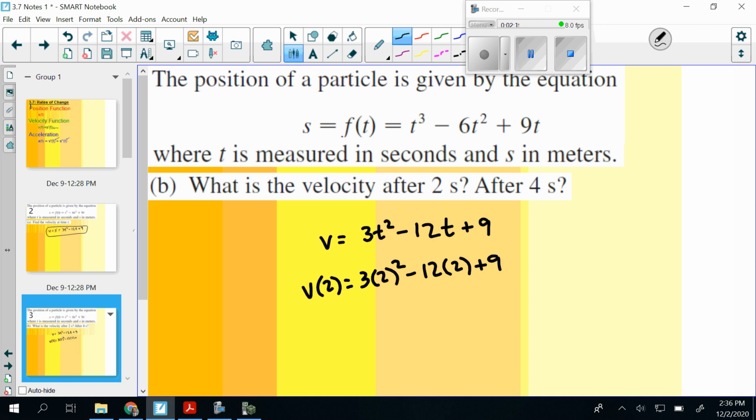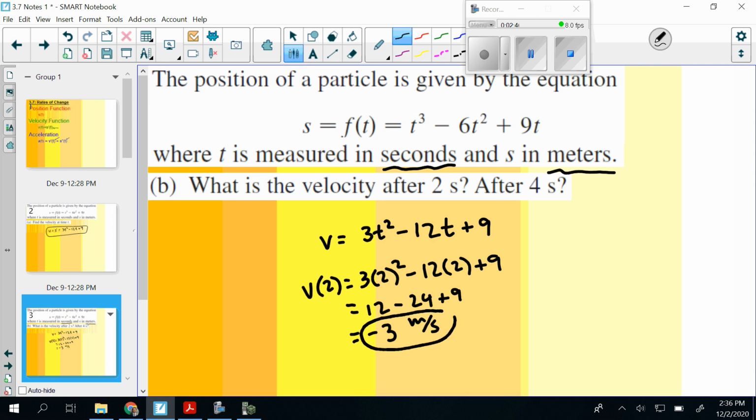So if I put in 2 for that first one, make sure you do the squared part first. 2 squared is 4, times 3 would be 12. 12 times 2 is 24, so we got 12 minus 24 plus 9. If you subtract those, you get negative 12 plus 9, which would be negative 3. And this would be measured in meters and seconds here, so it would be meters per second.